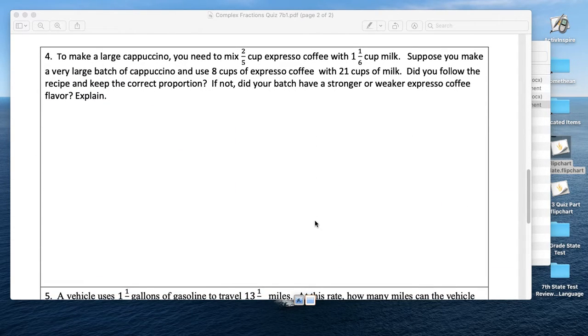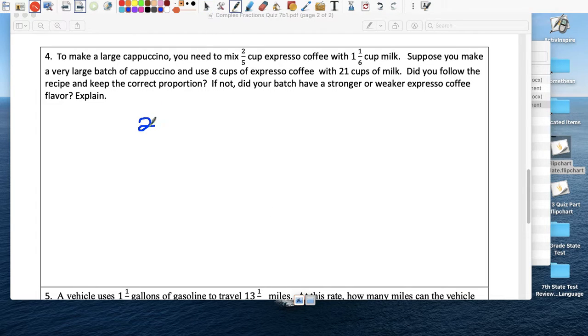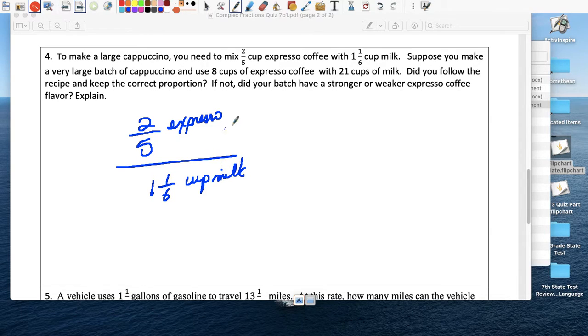So to make a large cappuccino, you're going to mix 2/5 cup of espresso with 1 1/6 cup of milk, and that gets you your large cappuccino at your favorite coffee shop. Now suppose you make a large batch and you use 8 cups of espresso, right?